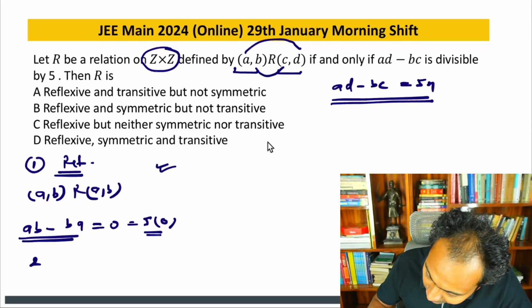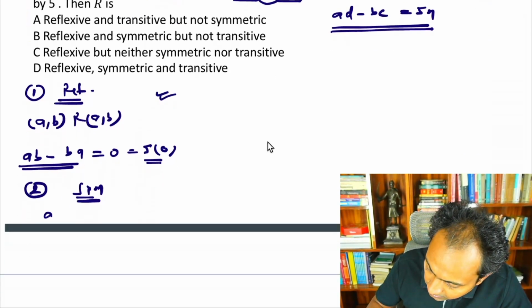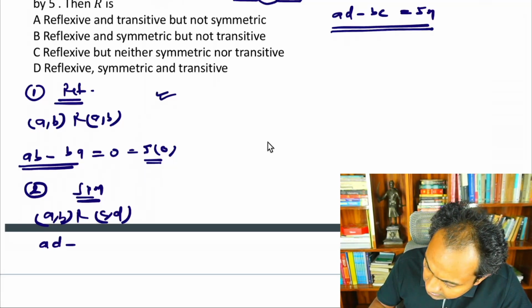For the symmetric part, what you will have to check is if A comma B is related to C comma D. So this would mean AD minus CB, BC, is a multiple of 5.